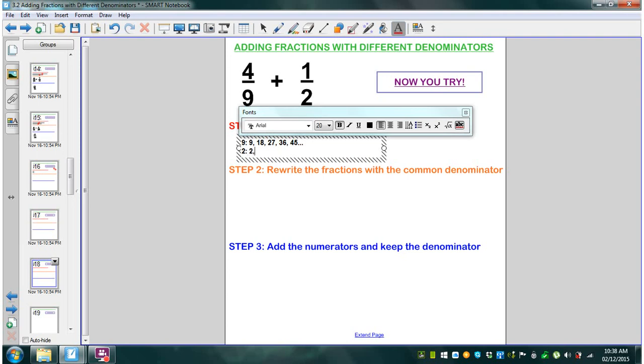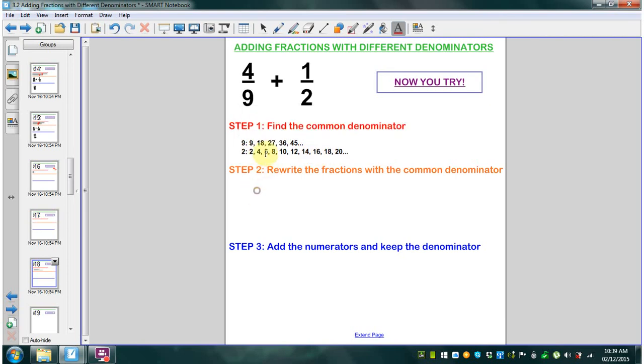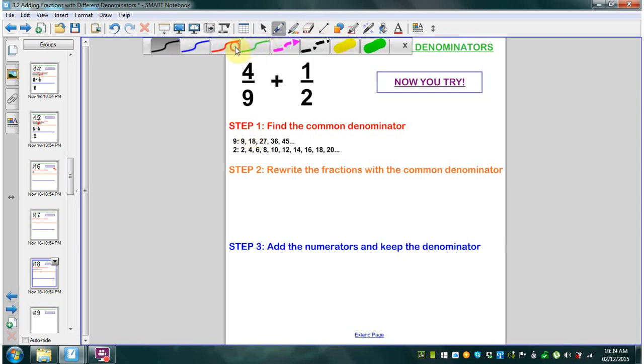Multiples of 2: 2, 4, 6, 8, 10, 12, 14, 16, 18, 20, and so on. Okay, so those are our multiples, and if we look here, we have a common denominator. We have 18 here and 18 here. So 18 is our common denominator.